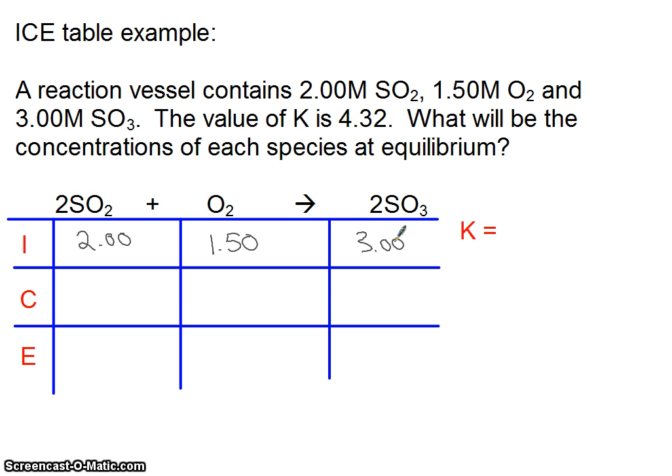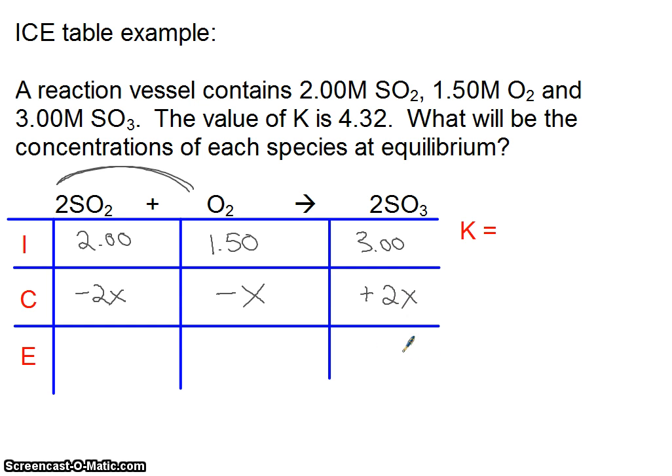But I know that, let's say, if oxygen is going to go down by some X amount, then SO2 has to go down by some 2X amount, because the ratios are 2 to 1. And if O2 goes down by some X amount, then SO3 has to go up by 2X.